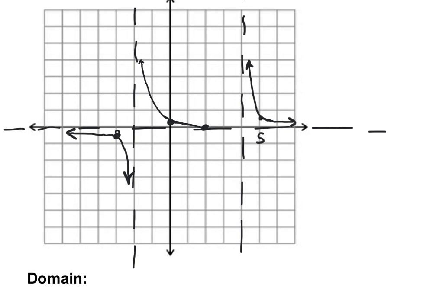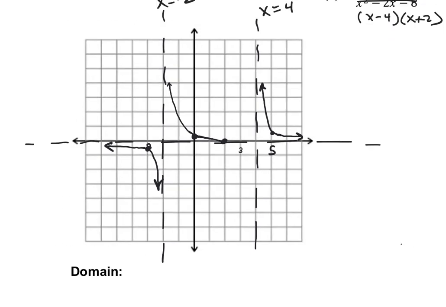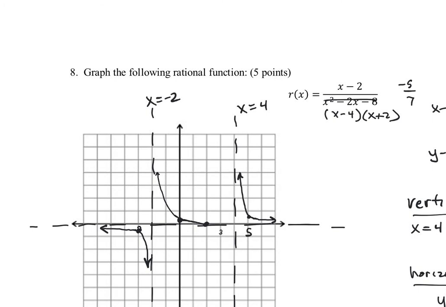Now, right over here, determine what the graph does. Does it bounce off and come up like that? Does it cross through and go down like that? We can plot a point right here when x equals 3 to figure that out. So if we plug in a 3 for x, in the numerator, 3 minus 2 is 1.